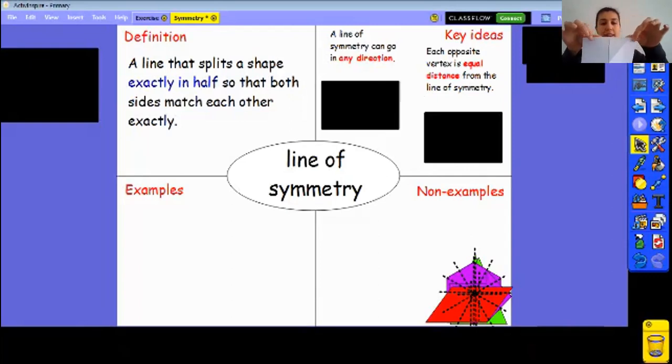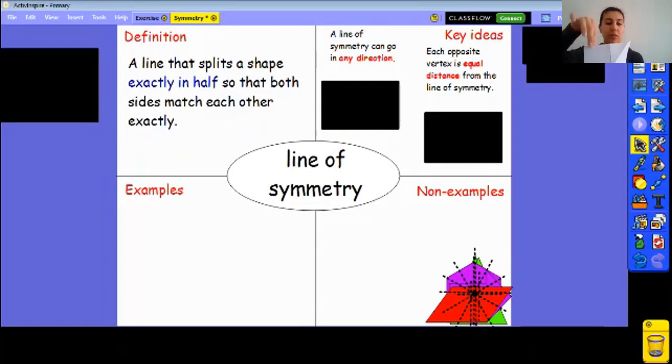If I go out like this, they are the same distance away. But when I fold this one, so let's say that's my line of symmetry, well then this vertex and this vertex are very, very different distances away from that folded line, aren't they? So that's why that's not a line of symmetry.